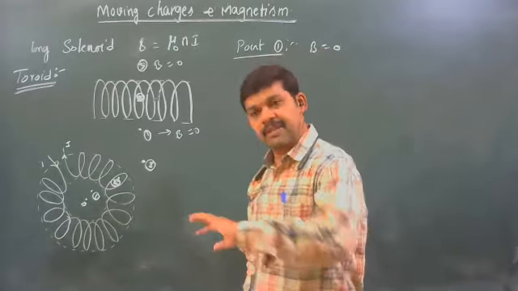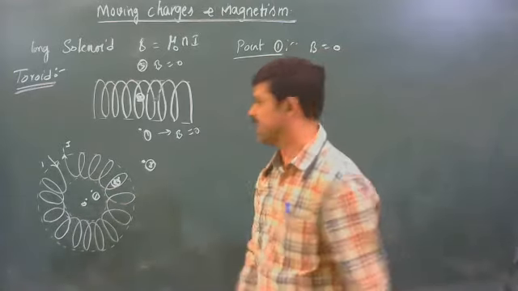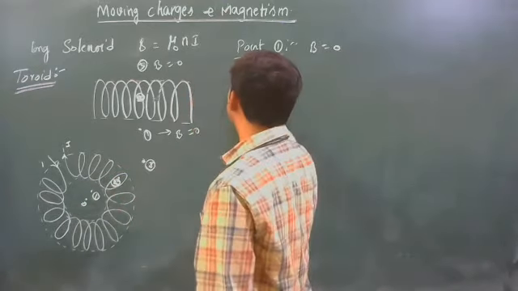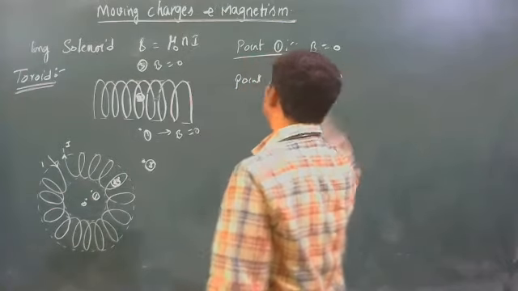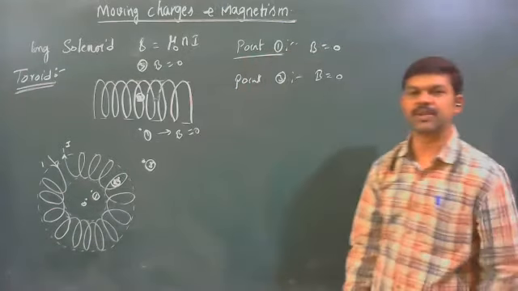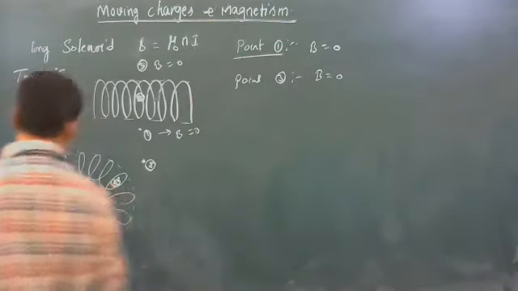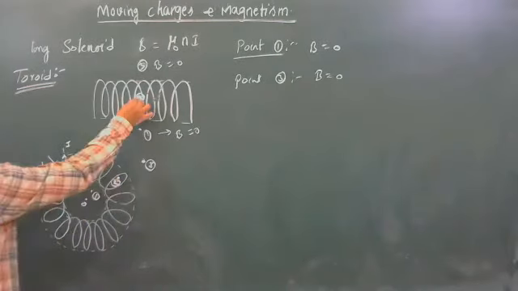This is not a traditional way of remembrance, but for entrance point, you can remember like this. See, at point 3, here also, B is equal to 0. Right? What about field at this point 2?